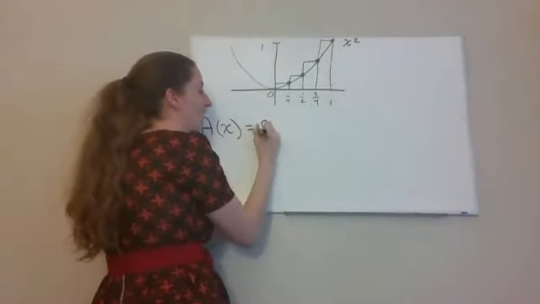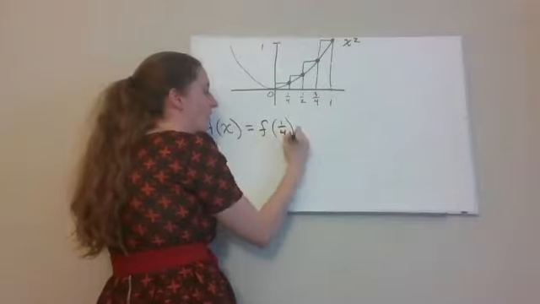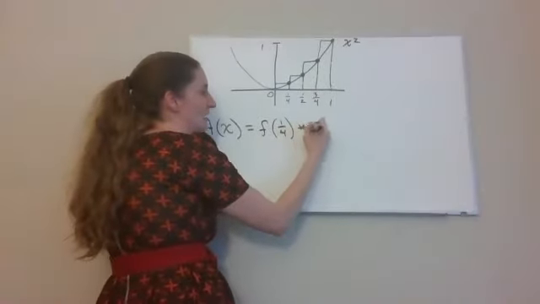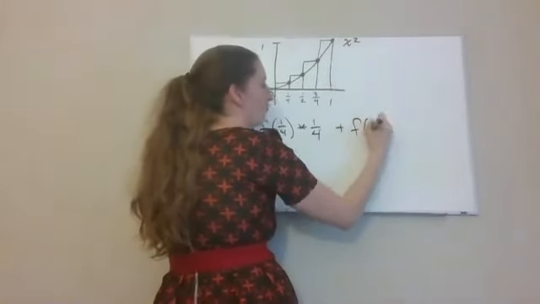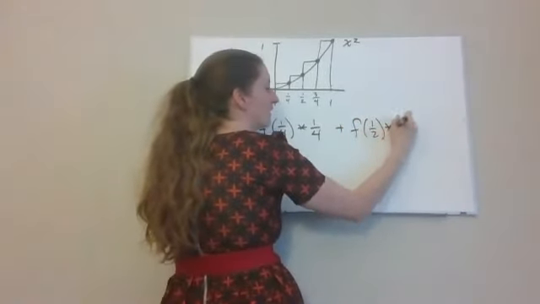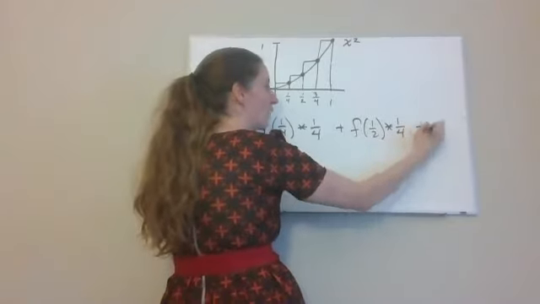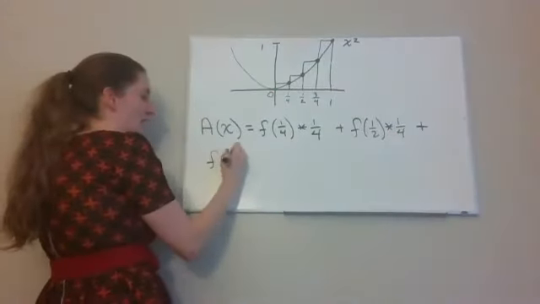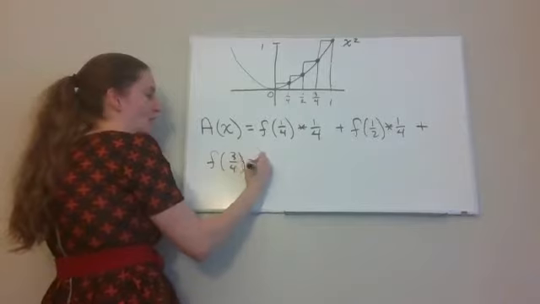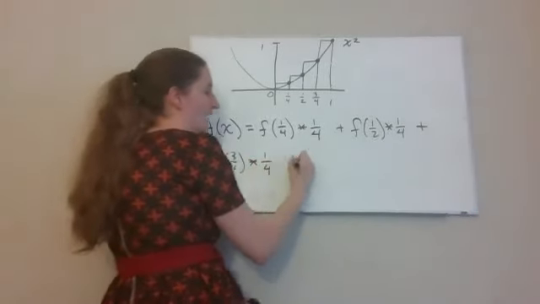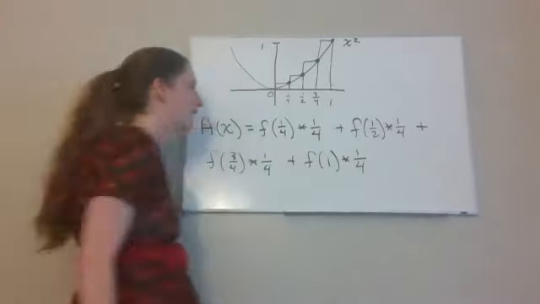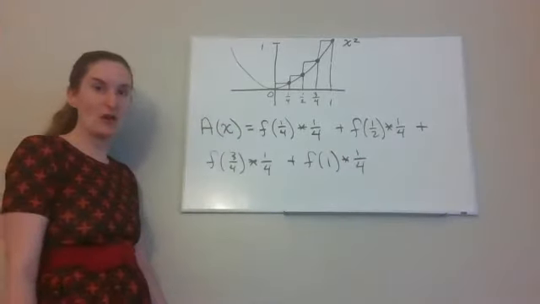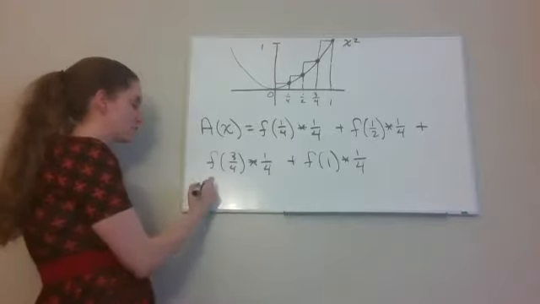So I would have f of 1/4 for the height times 1/4 for the width plus f of 1/2 for a height times 1/4 for a width, f of 3/4 times 1/4, and f of 1 times 1/4. So that's the area of my 4 rectangles all added up together.